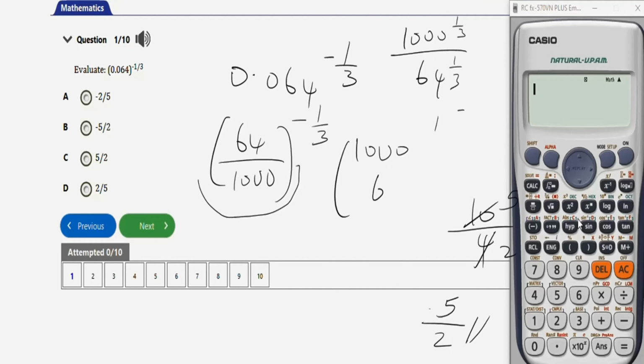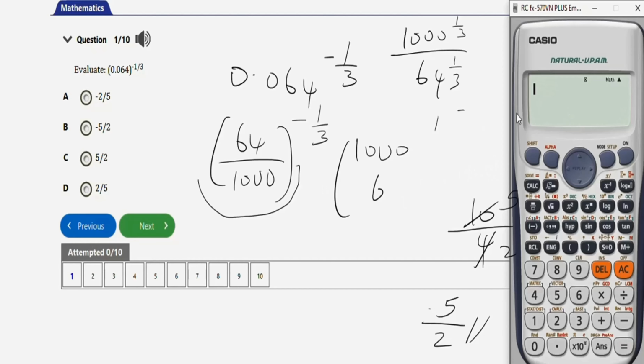To bring that cube root, just press shift and this button. Cube root of 1000, it will give you 10. You see 10. Then cube root of 64 will give you 4. Alright, so that's the answer to this question.